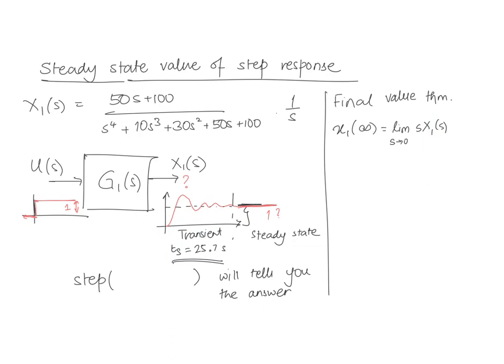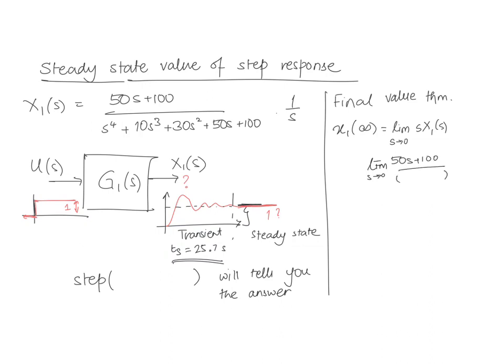If we work out s times x1 of s, it works out to 50s plus 100 over that whole mess, which I'm not going to write out again, and the limit is that s tends to 0.